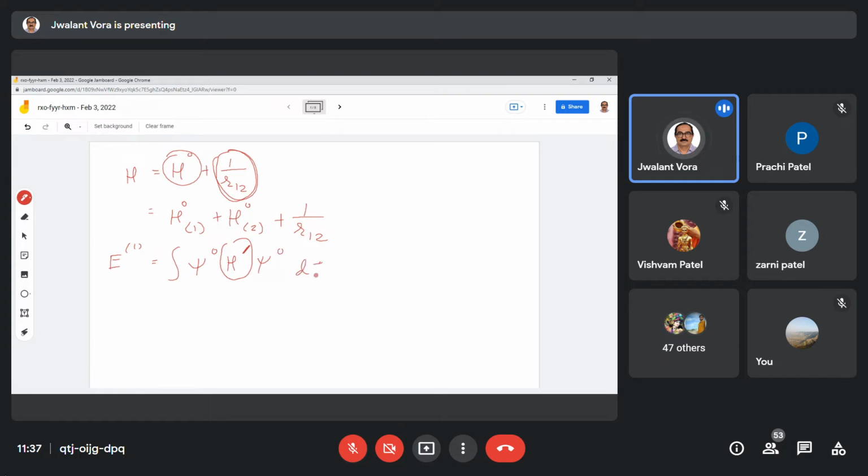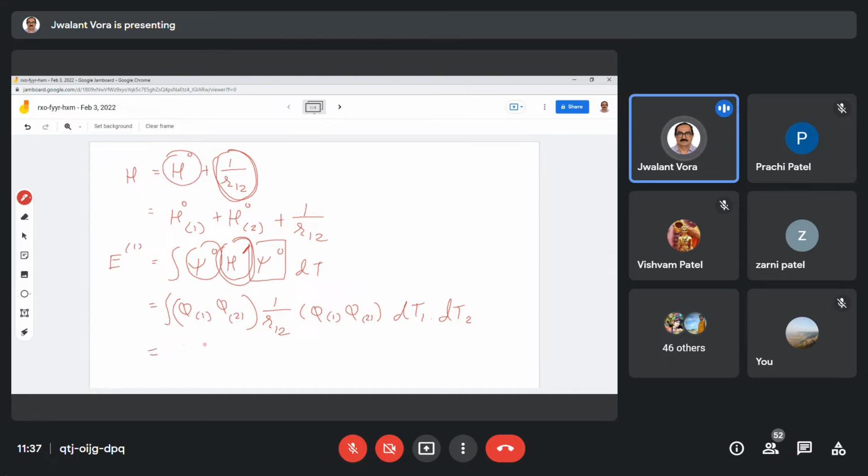This is equal to phi for electron 1 into phi for electron 2, into H prime, that is 1 upon R12, again into psi 0, phi for electron 1 into phi for electron 2, into d tau 1 for electron 1, d tau 2 for electron 2.